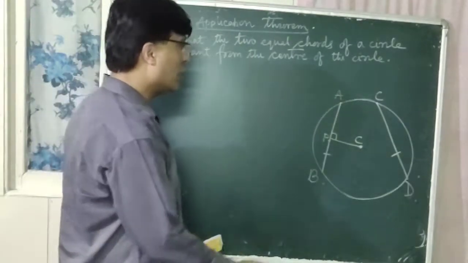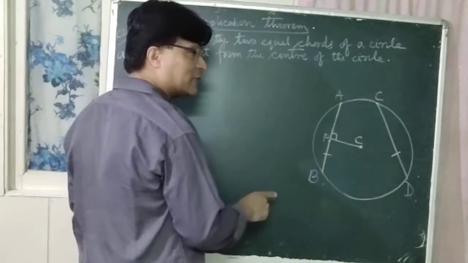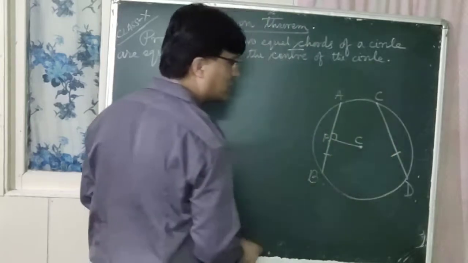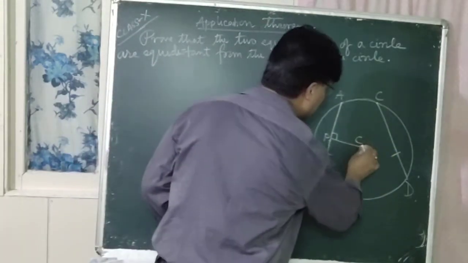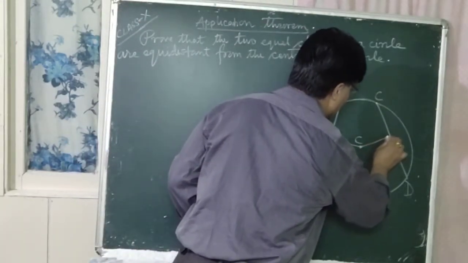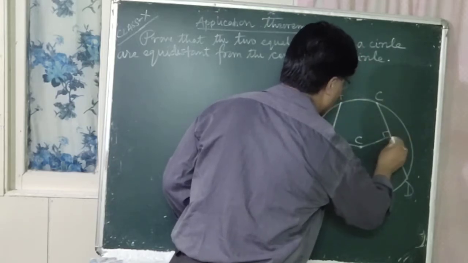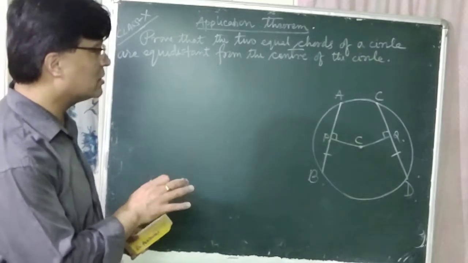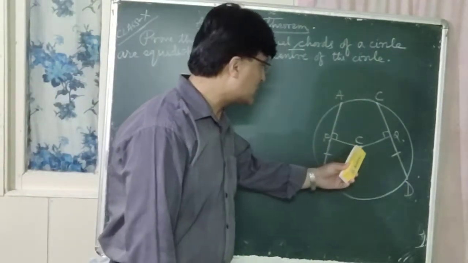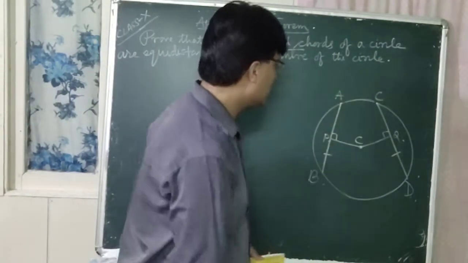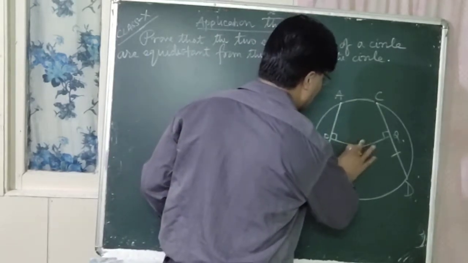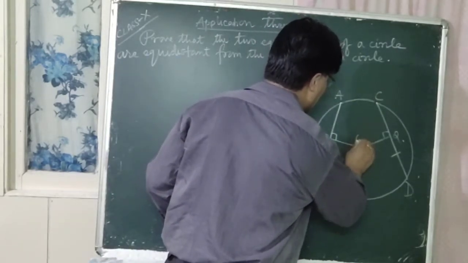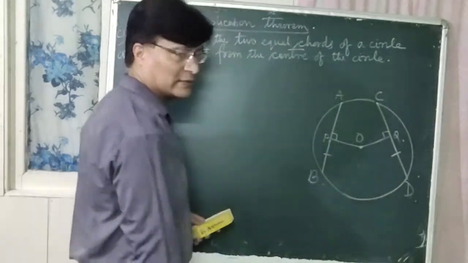Again, what do you mean by the distance of the center from the chord CD? We drop a perpendicular from the center, and call the foot Q. That means the perpendicular is the distance between the center and the chord. Let us write O for the center, since C is already used.